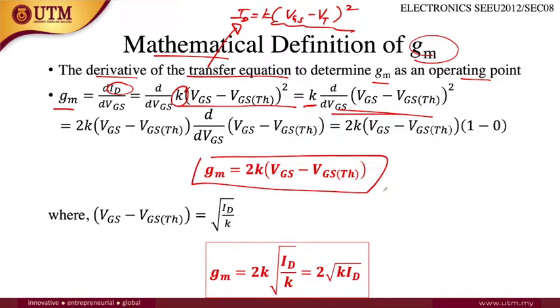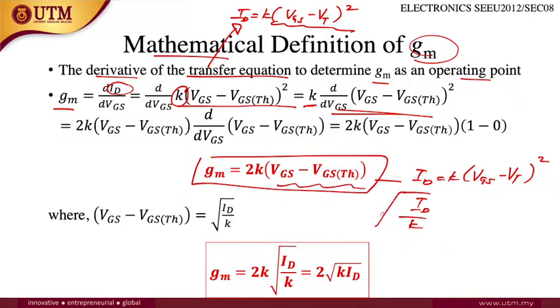Since we know ID equals K (VGS minus VT) squared, you can rewrite this formula as the square root of ID over K equals VGS minus VT. You can put that inside here, and it can be rewritten as below. GM equals 2K times the square root of ID over K, and it can be rewritten again as 2 times the square root of K ID.